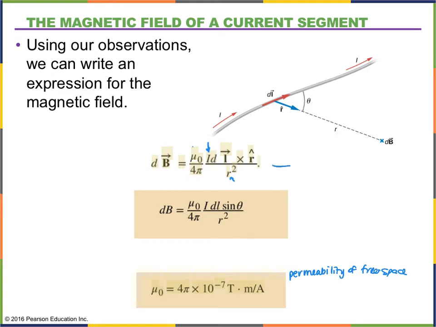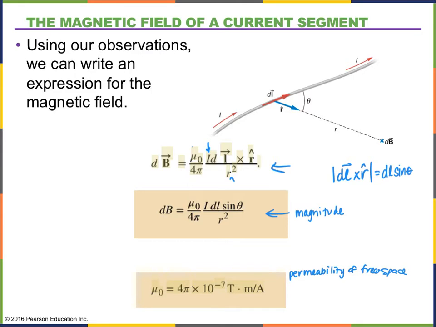So this is the vector expression for the magnetic field, and then this would talk about the magnitude, and that would be, the magnitude of dL cross r hat is just dL sine of theta, because the magnitude of r hat's just 1, so we don't bother writing it.